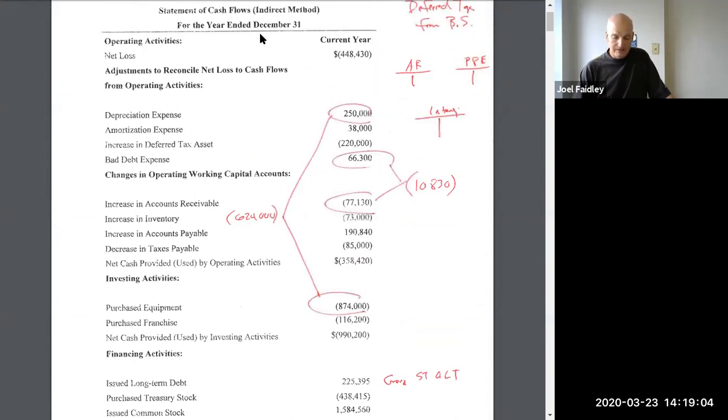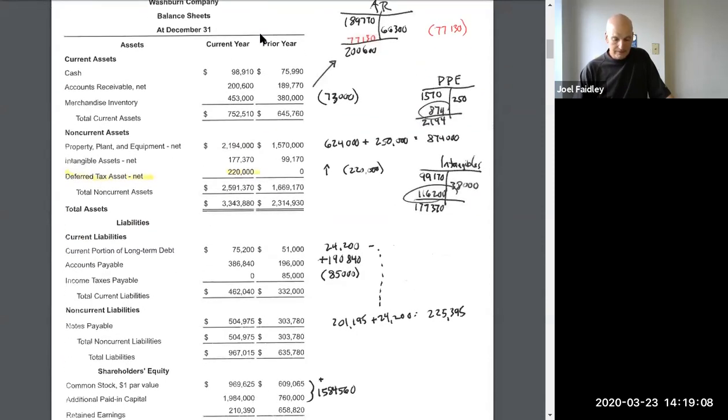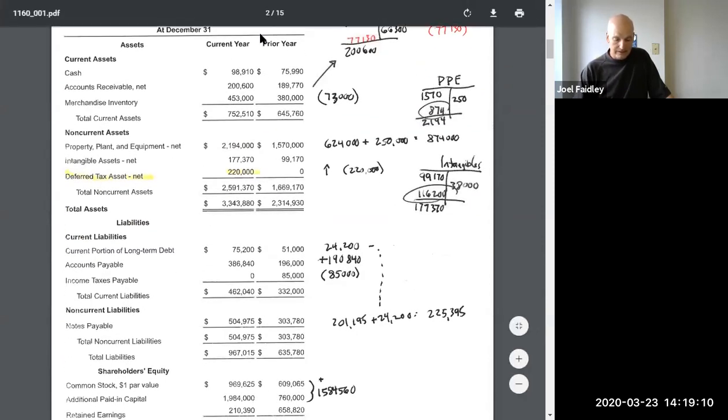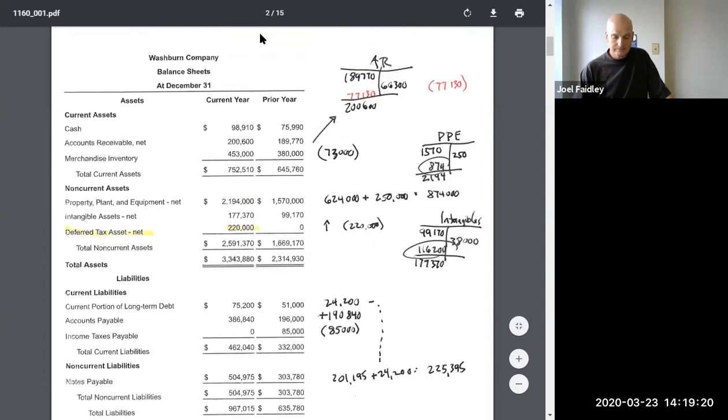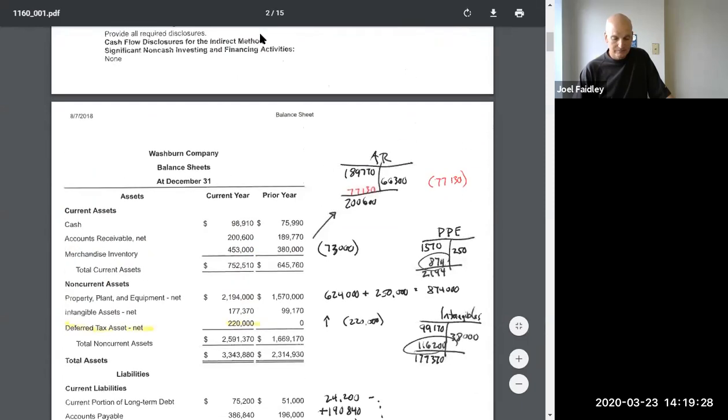Decrease in taxes payable, 85,000. Prior year was 85, now our balance is 0. So we had to pay off that income tax payable with cash, didn't we? So that's going to be a negative for 85,000. All right. We skipped the current portion of long-term debt for now because Pearson likes to include that down here with the other long-term note payable.